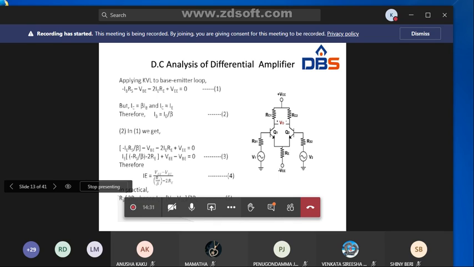So substitute the IB equation in equation 1. Then you will get emitter current equal to VE minus VBE divided by RS by beta plus 2RE. Here the beta value is large, so we can neglect the RS by beta ratio, right? So then IE becomes VE minus VBE by 2RE.